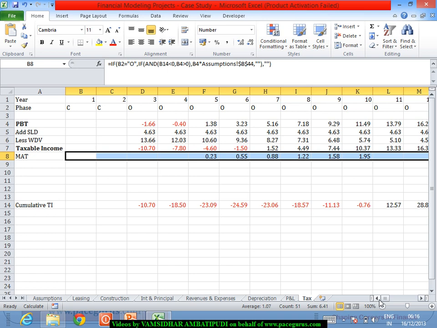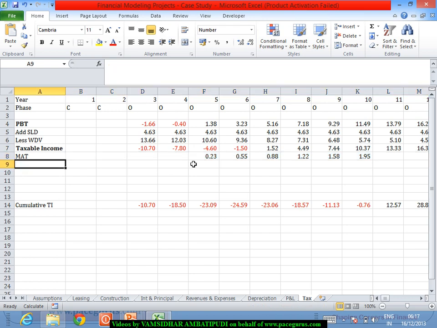And when it is coming to the taxable income, or probably the corporate tax, though we are paying this much, right, this is a minimum alternative.